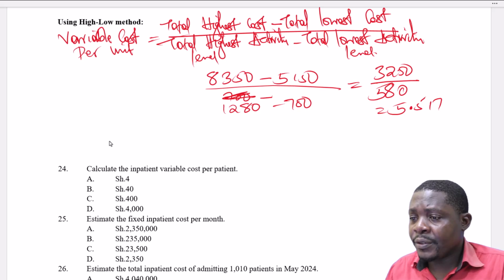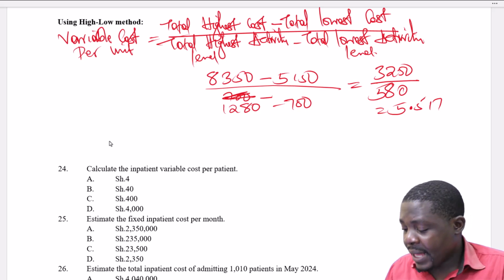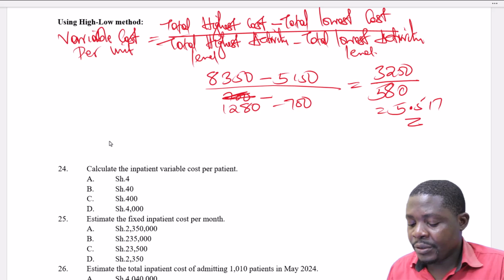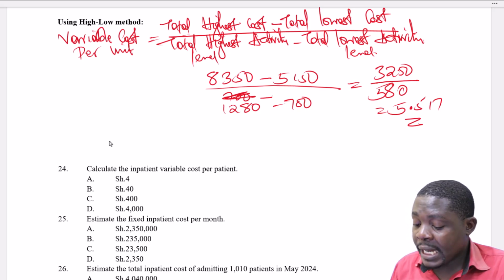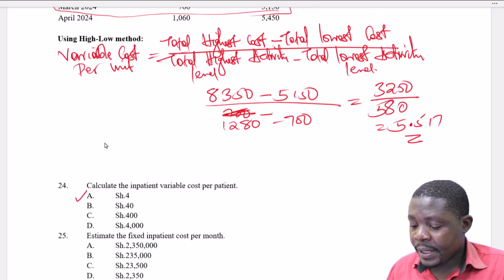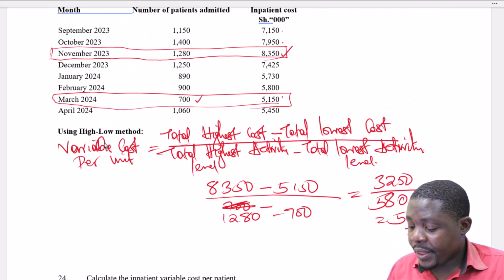We realize that from our answers, that answer is not given. In that case, you are meant to take the one that is closer. Sorry, they were in thousands.